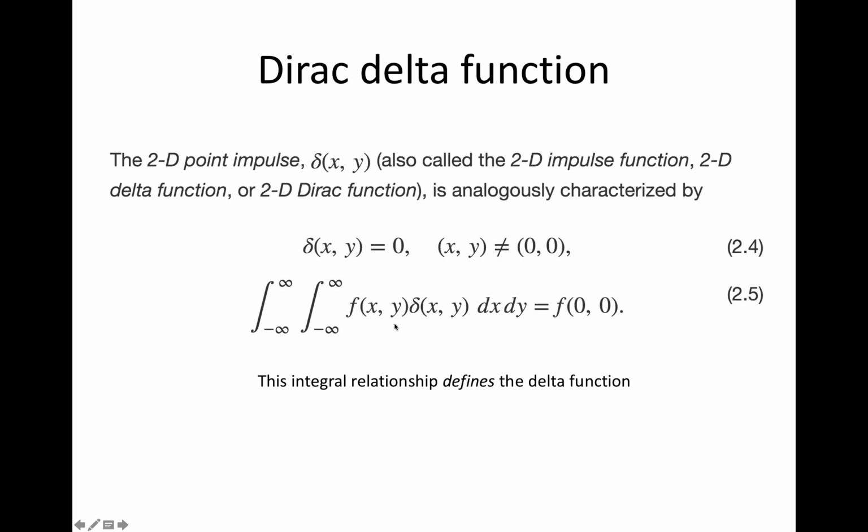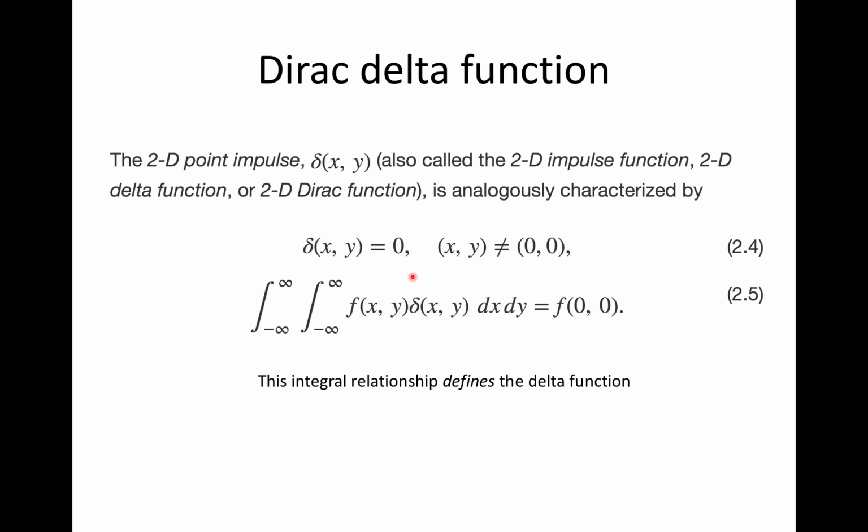If I have another function, f of xy, and I multiply that function times the delta function, and I integrate that product over the entire plane, it gives me the value of f at 0, 0. So this function has some non-zero value, and that value is such that when I integrate across, it sifts out the value of f(0, 0).